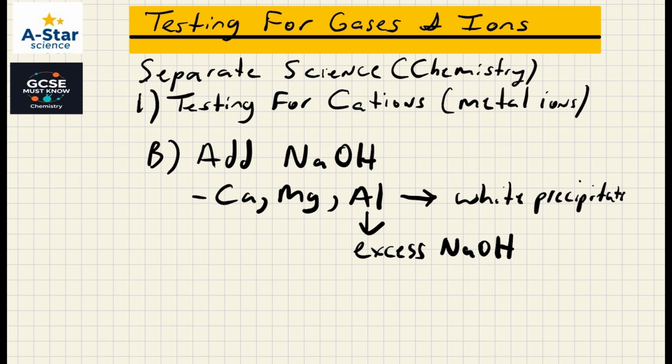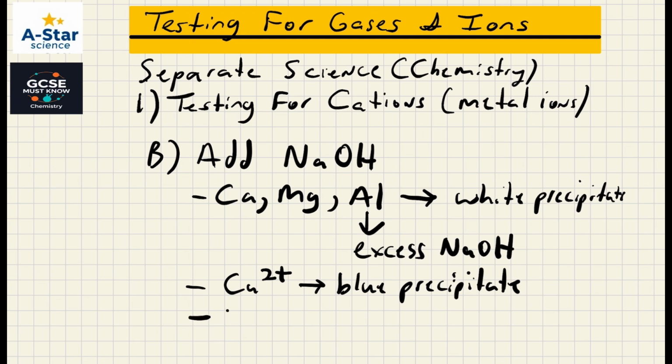Again, if you add sodium hydroxide and copper 2+ is present, you're going to get a beautiful blue precipitate. And so that's going to be quite clear to know if copper was present in that particular solution by adding sodium hydroxide. Iron 2+, that's going to give a green precipitate.